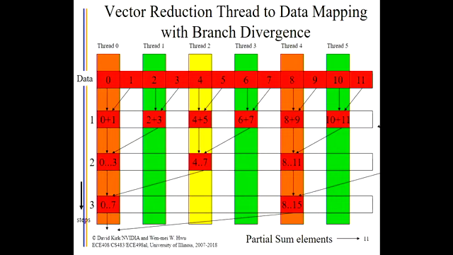So we're going to do a thread to data mapping, and this is the first version of thread index to data index mapping. We're going to have thread 0, thread 1, thread 2, and so on map to the data positions. We're going to map each thread only to the even data locations because they're going to be processing pairs of elements. So if we need to process, let's say, 1,000 elements, we only need to have 512 threads.